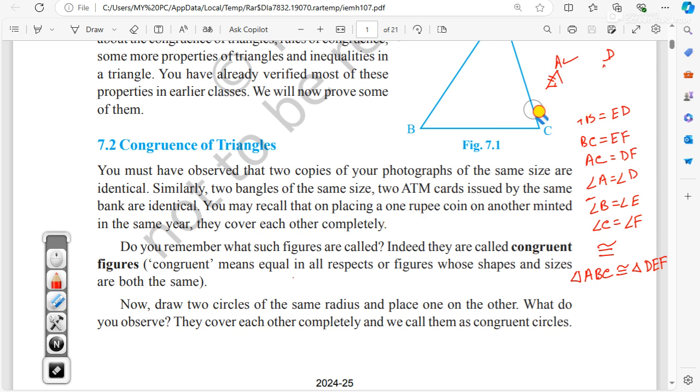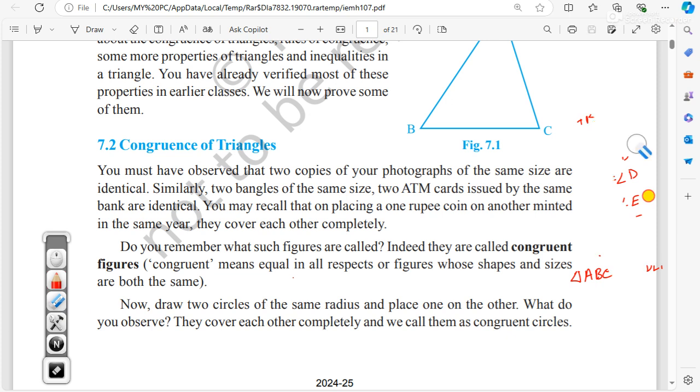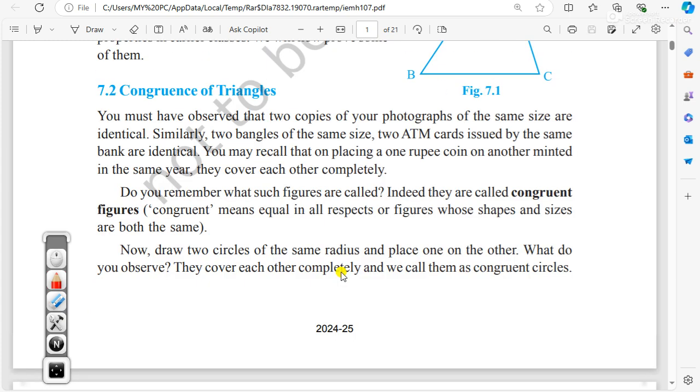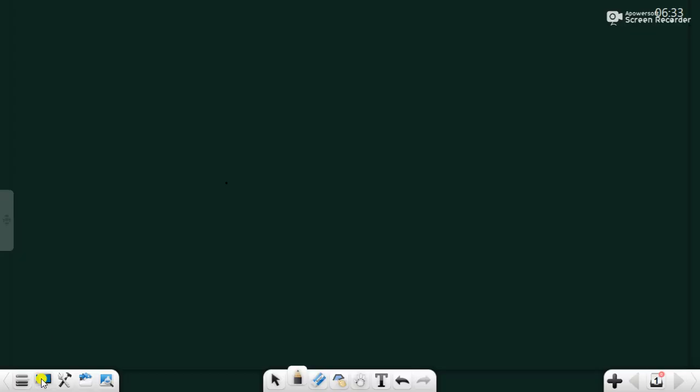Now we'll rub this one and you see what is next. Congruent means equal in all respects, or figures whose shapes and sizes are the same. Now you see, if we draw two circles, here you see how we compare them with each other.